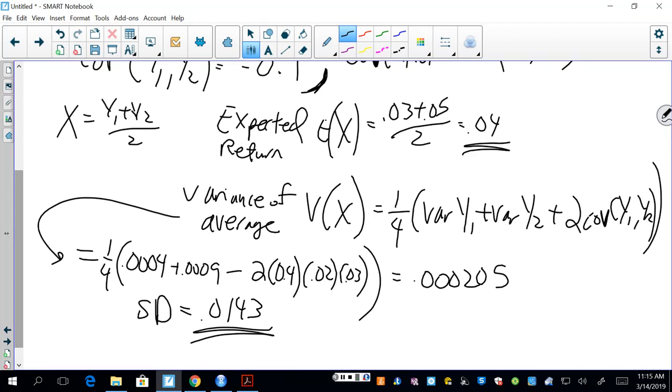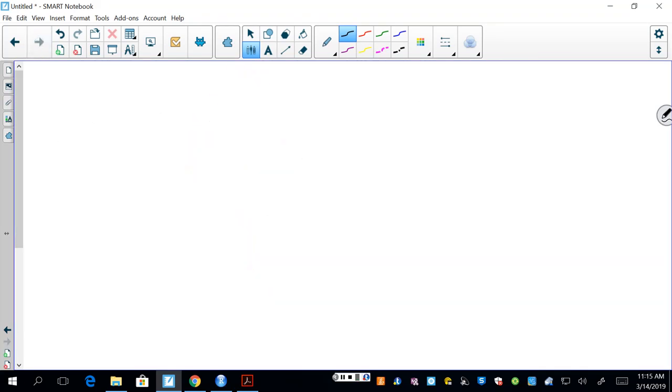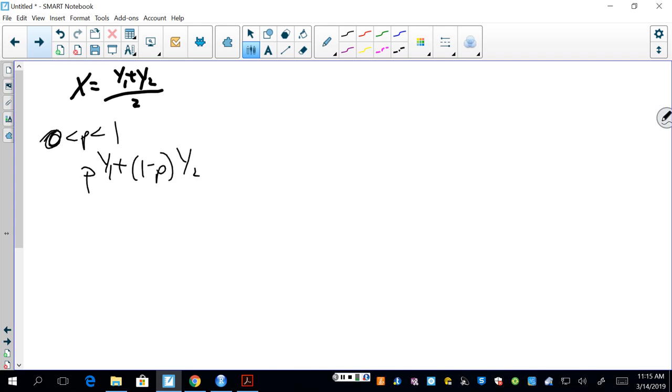Is it best? Can we do better than an average? We could push this, right? So we said x is y1 plus y2 over 2. All right, we could take some alternative. Say we had some probability p between 0 and 1. You could take p times y1 plus 1 minus p times y2 and say, maybe we like that better.